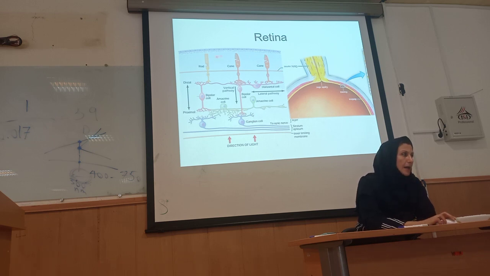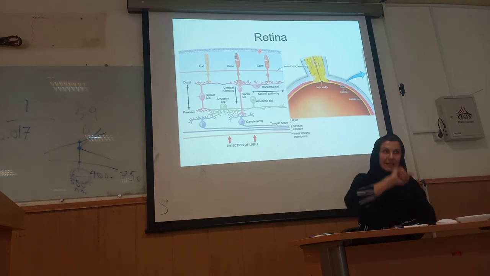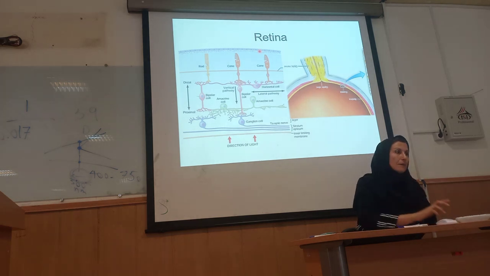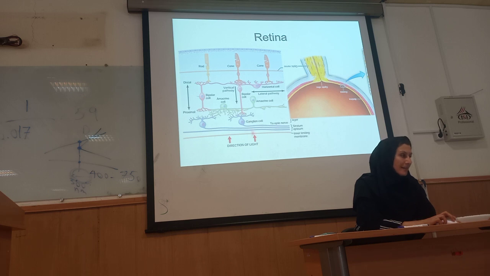As you can see here, the outer segment of the photoreceptors is in contact with the choroid layer, the middle layer of the eye. So it is important that you know light passes this distance to reach the photoreceptors, where they can respond to the light.